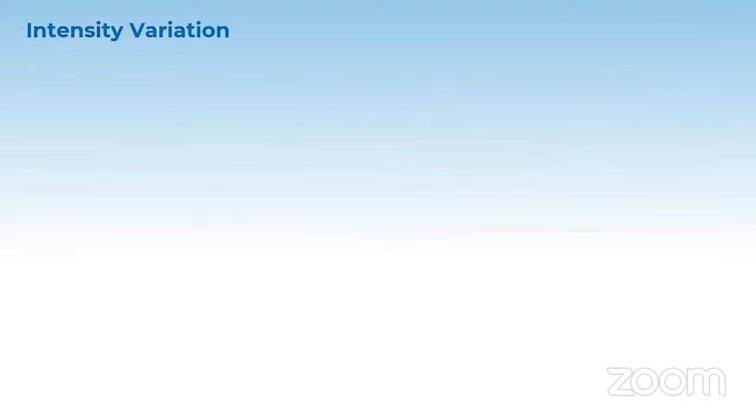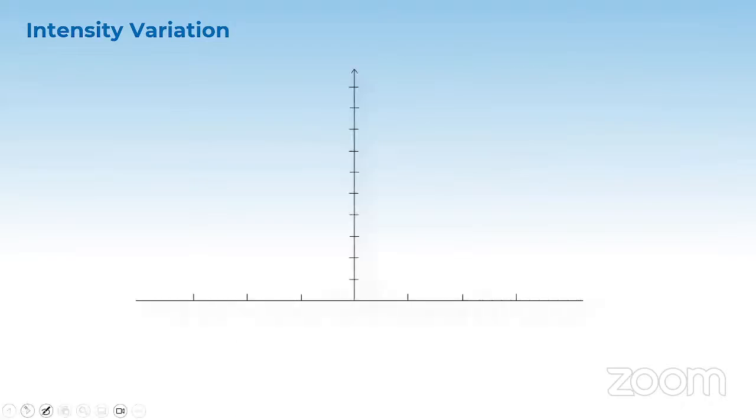Other maxima have less intensity than the central one. So we can say that the intensity variation here will be different. Look at this: this is the intensity and this is the angular distance from the slit.